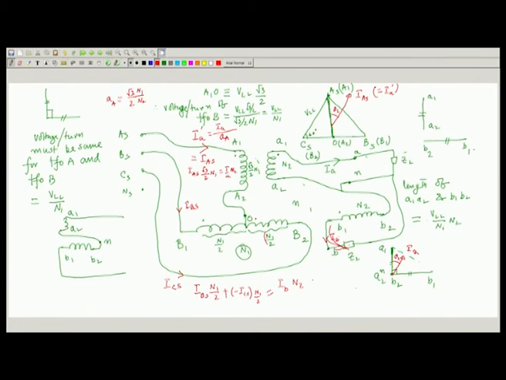Therefore, I must expect through the dot what is the current flowing. I B S by virtue of its direction enters through the dot, but that I B S lasts for only n 1 by 2 turns. So, it is I B S by n 1 by 2 I have done. Through this portion of the coil, I have assumed I C S flowing like this.